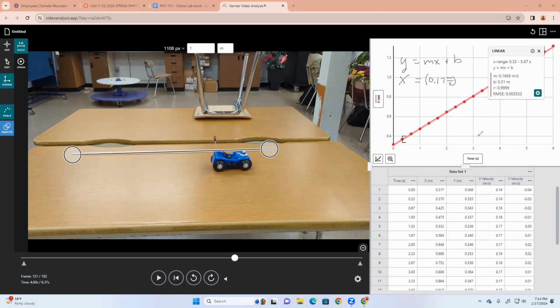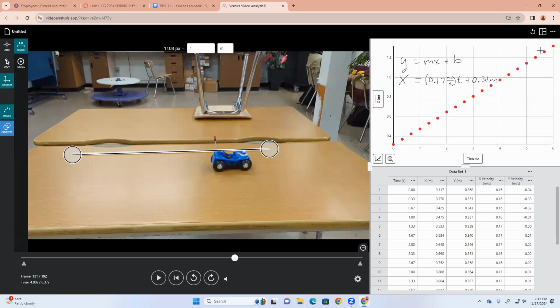In this case, x is t. Looks like our y-intercept is 0.31. So plus 0.31 meters.